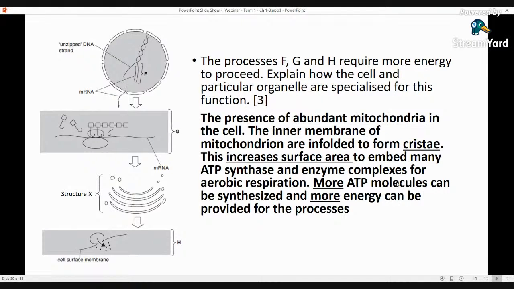Then more ATP molecules can be synthesized, and more energy can be provided for the processes F, G, and H. So this is the answer. You cannot say just the presence of mitochondria. You must say abundant. So increase the surface area, and more ATP, more energy.